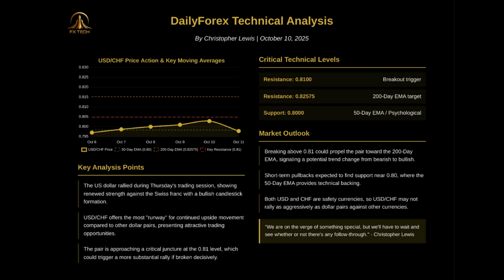He's particularly focused on the 0.81 level as a critical breakout point. If the pair can break decisively above this level, Lewis suggests the dollar could start to take off, potentially targeting the 200-day exponential moving average near 0.82575. On the support side, he identifies 0.8 as a key area where short-term pullbacks should find buying interest.